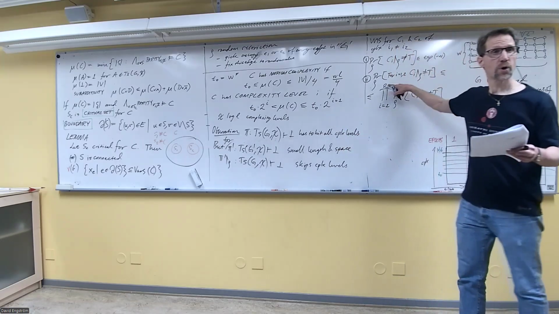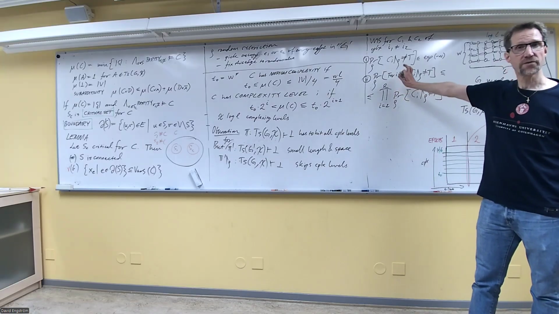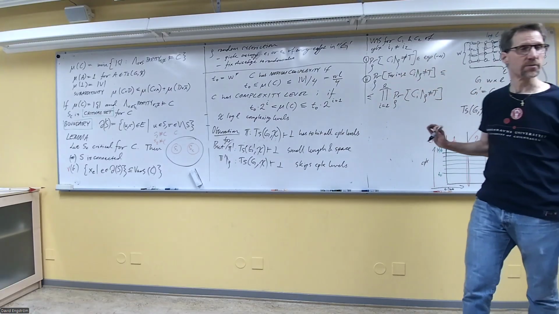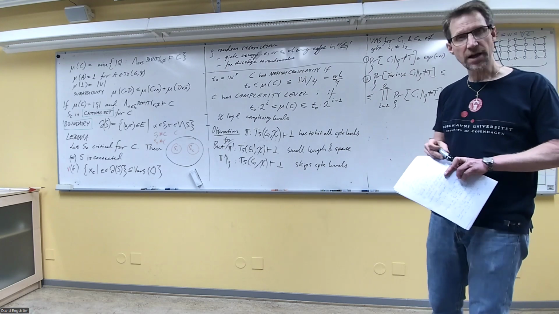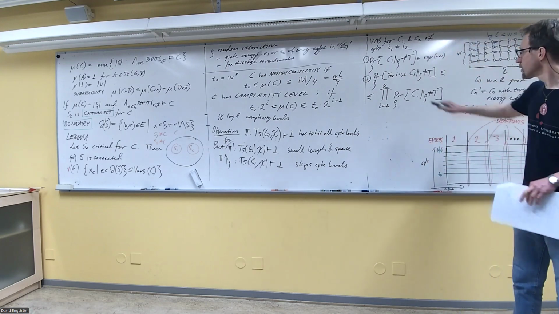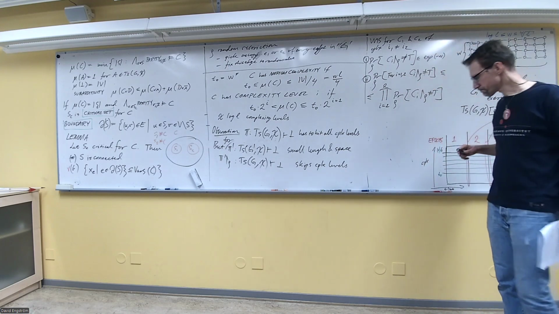And not only do I want this for two clauses, I'm going to want this for up to k clauses for some parameter k. Okay, am I making sense? So I want an independence result.